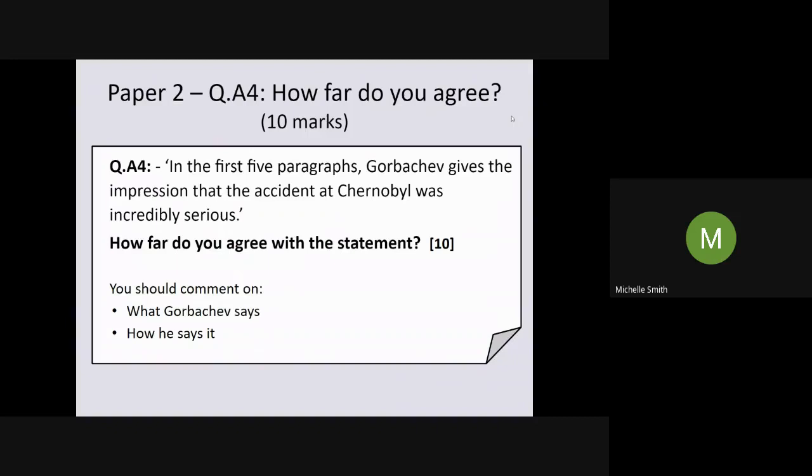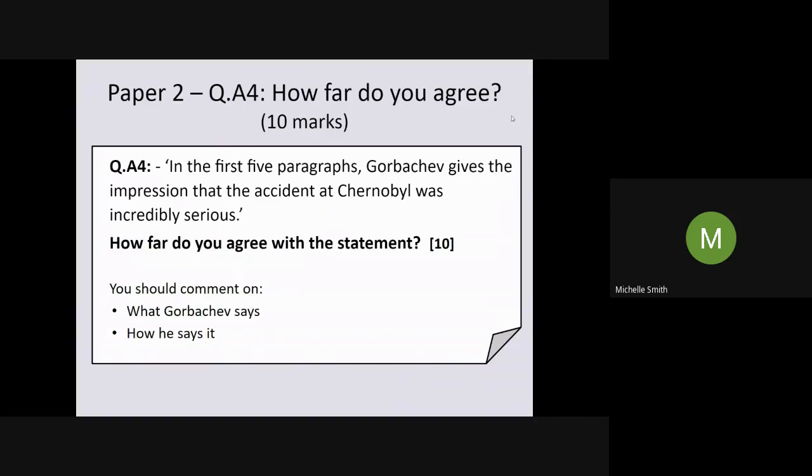It's saying, how far do we agree that Gorbachev gives the impression that the accident was incredibly serious? So we need to look at his words and we need to see whether any of them imply that that accident was really serious for whatever reason.